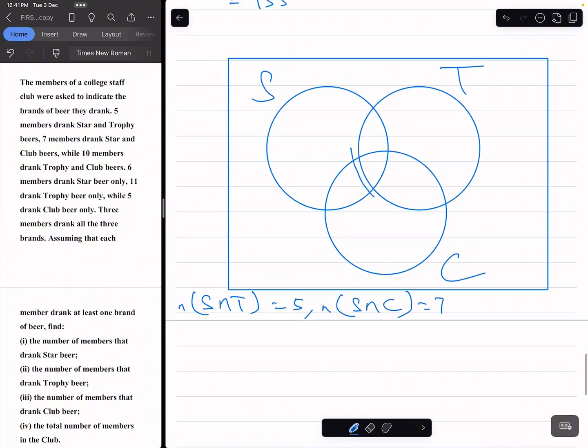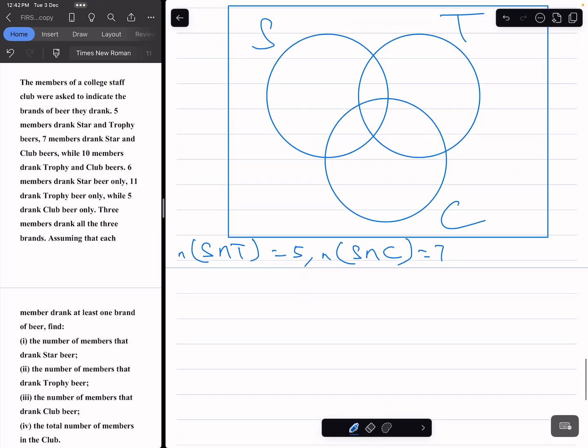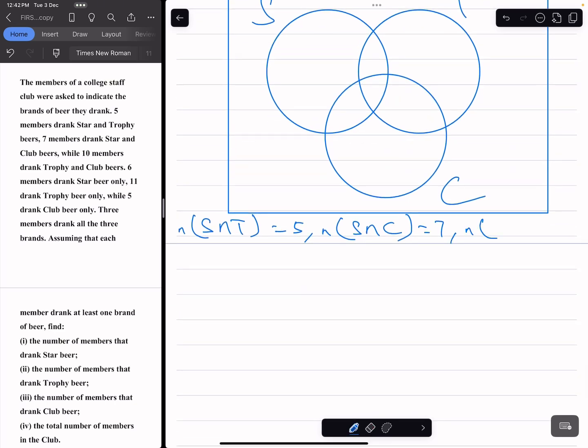This curve represents Trophy beer, and this curve represents Club beer. Everything inside here is going to be 10, which is a combination of those that drank Trophy and Club beer only and those that drank all the 3 beers. So 10 members drank Trophy and Club beer. That means the number of elements in the set T intersection C is 10.